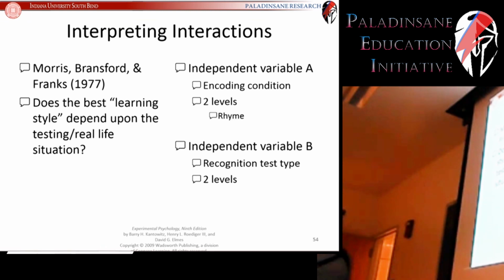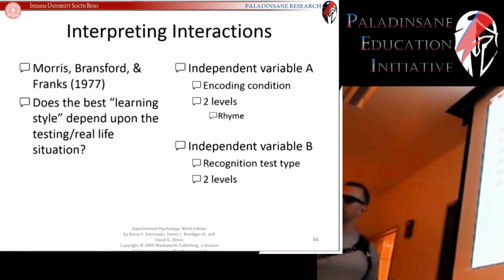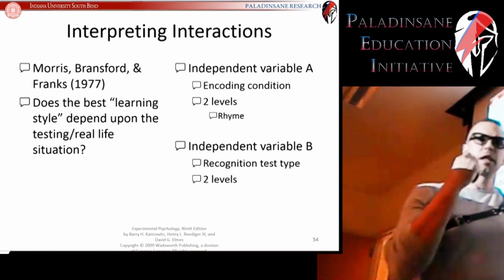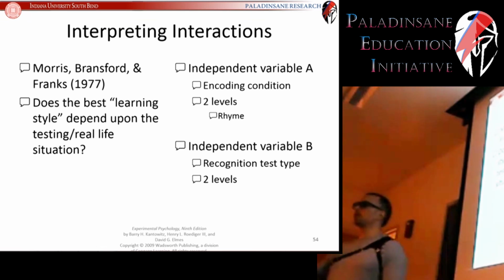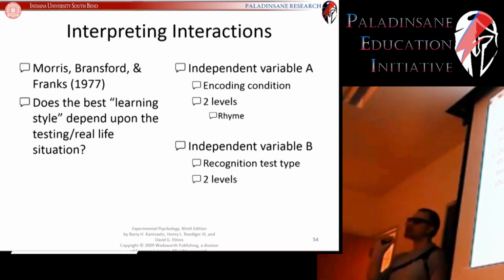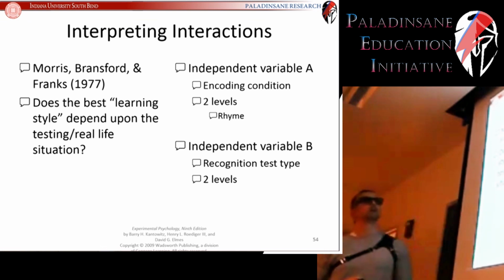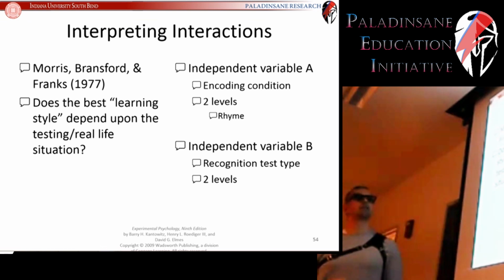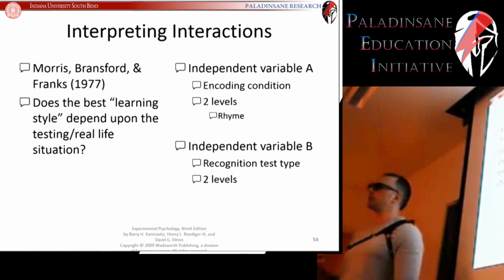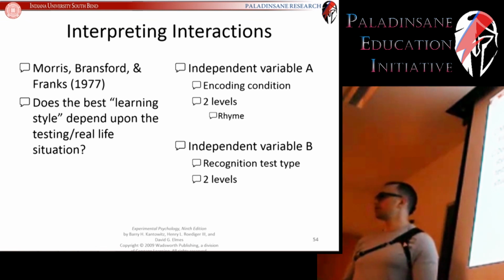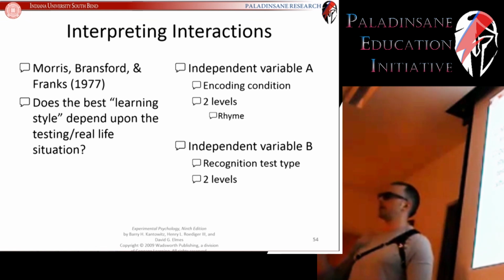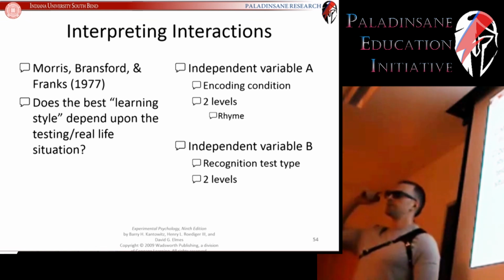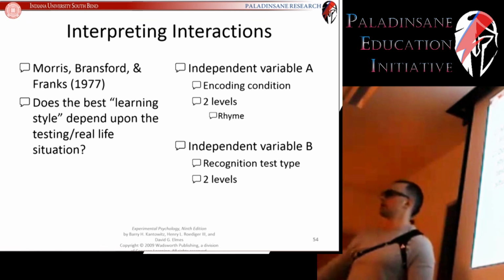What they did is they presented pairs of words to individuals. Actually, no, sorry, that's another experiment I was thinking of. They presented a word to individuals, and you were in two different encoding conditions. Half of the subjects were asked to think of a word that rhymes with the word that they just saw. So you would see a list of words, just like you saw a list of words in our experiment, and for each word, they asked you to think of a word that rhymes with it.